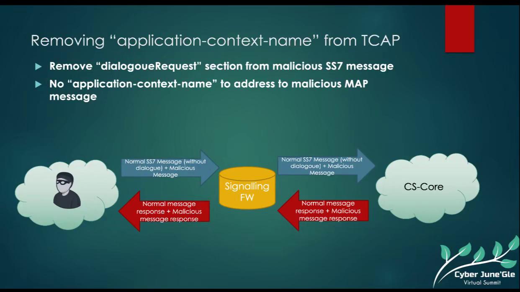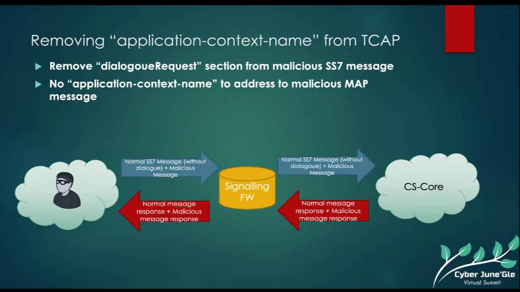To start the procedure, we need to remove the dialog request section from our malicious SS7 message before sending it to the core network. Then there will be no application context name to point to the malicious SS7 MAP message directly.